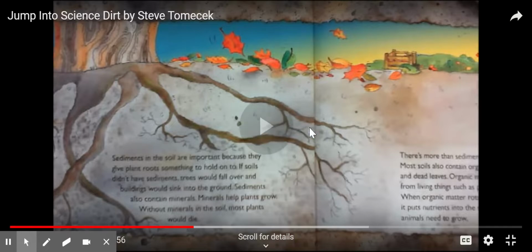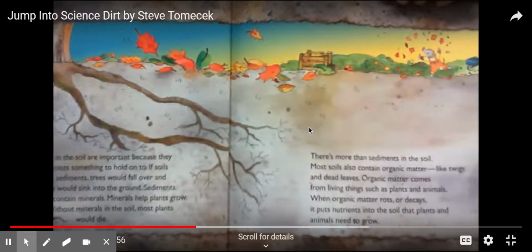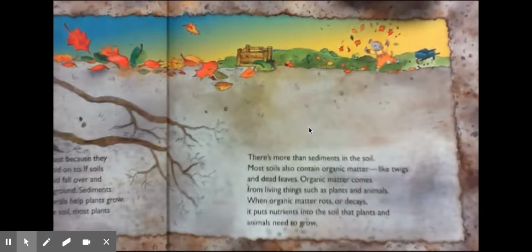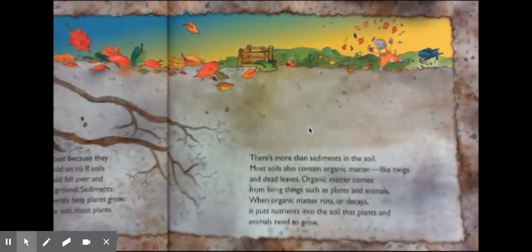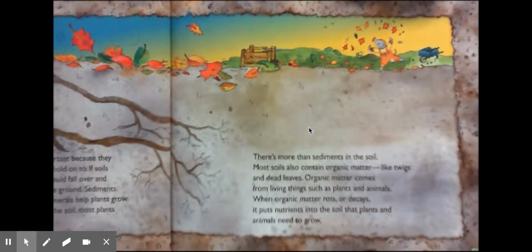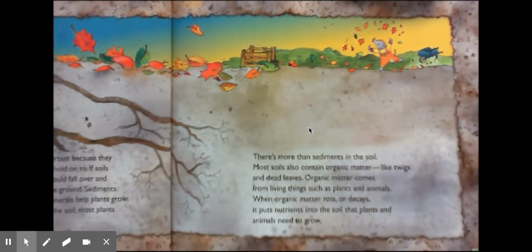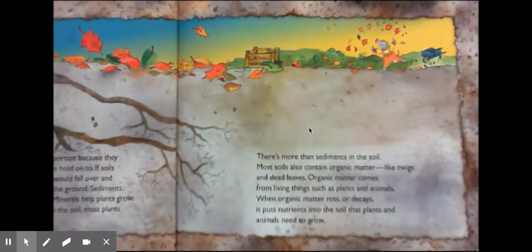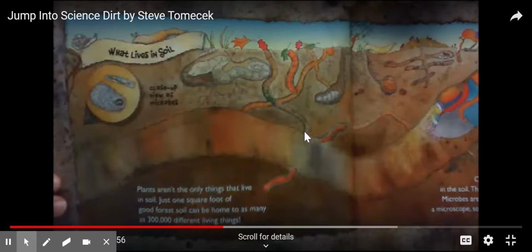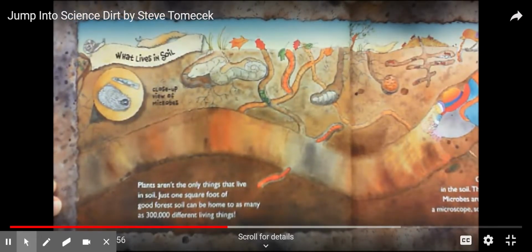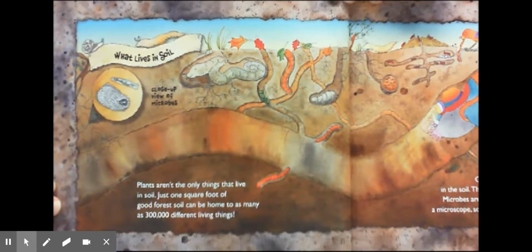would die. There's more than sediments in the soil. Most soils also contain organic matter, like twigs and dead leaves. Organic matter comes from living things such as plants and animals. When organic matter rots or decays, it puts nutrients into the soil that plants and animals need to grow. What lives in soil? Plants aren't the only things that live in soil.